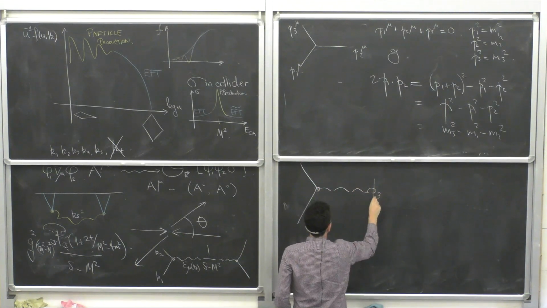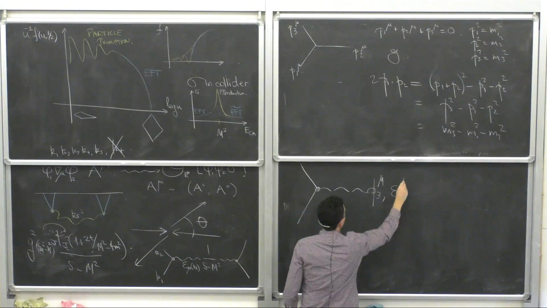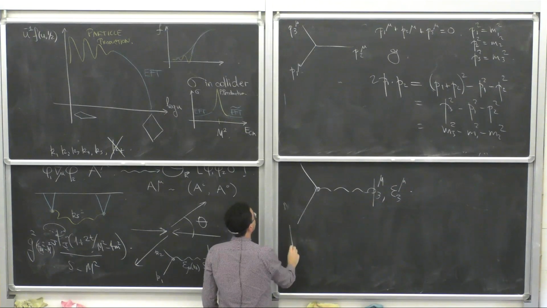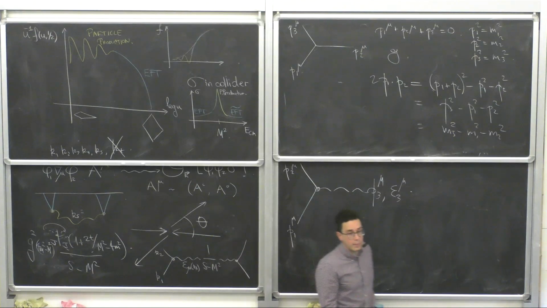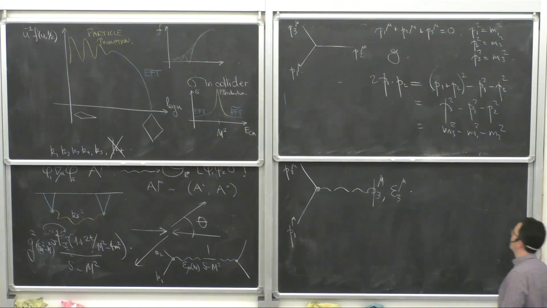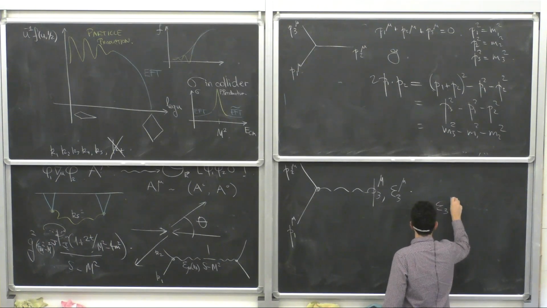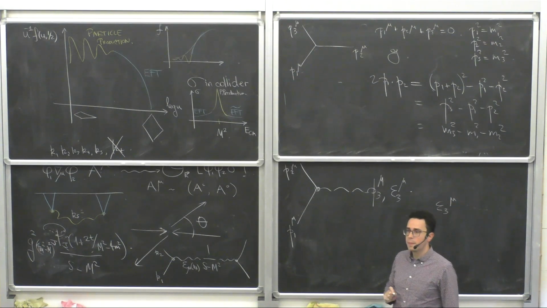Let's make the third guy spinning. So now you have one new thing. You have the polarization. So how many amplitudes do you have now? 1, 0, 2, 3, infinity. Hmm? 1. What is it? Polarization, good, times what?